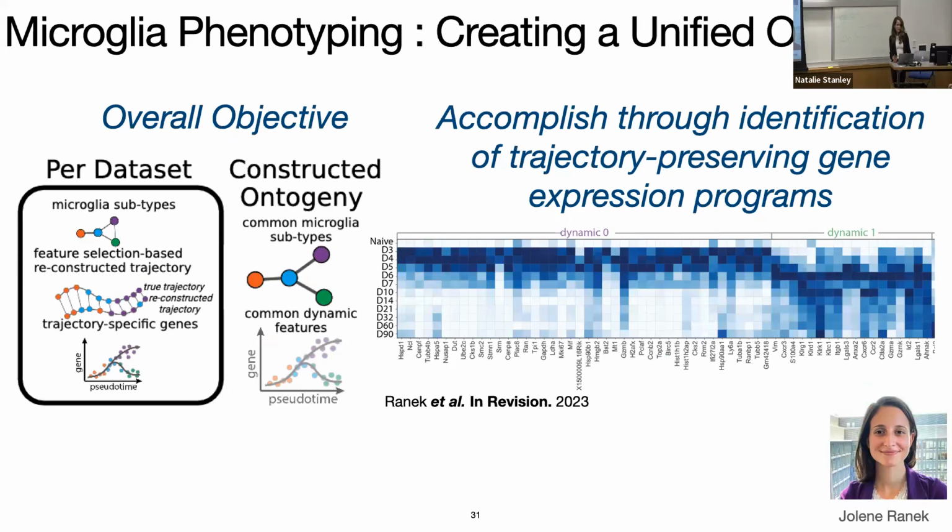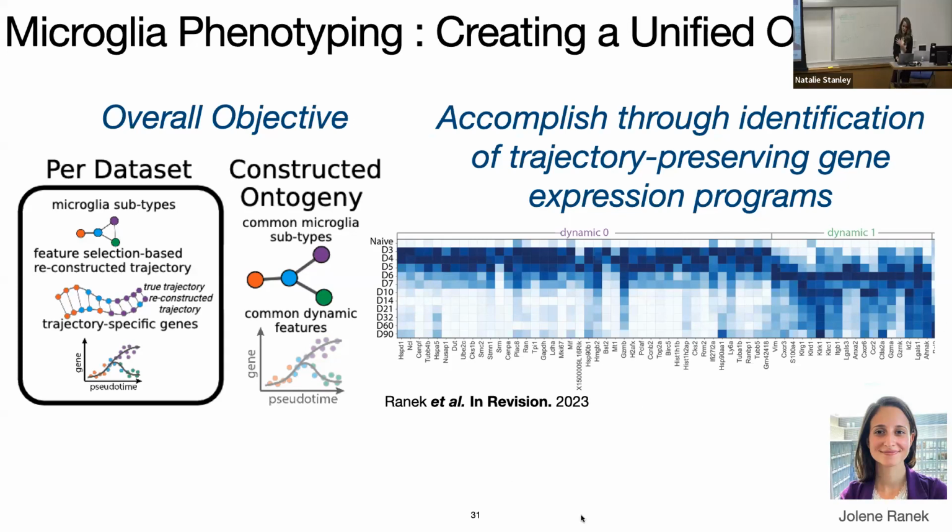I'll just quickly say that we're not only doing this on one data set, but we're trying to find subtypes across a bunch of different single cell RNA-seq data sets on either aging, neurodegeneration, or dynamic psychiatric disorders where patients change over time. We're trying to find what we're calling an ontogeny of salient microglia subtypes that are associated with dynamic progression, whether that be age, neurodegeneration status, or psychiatric progression.